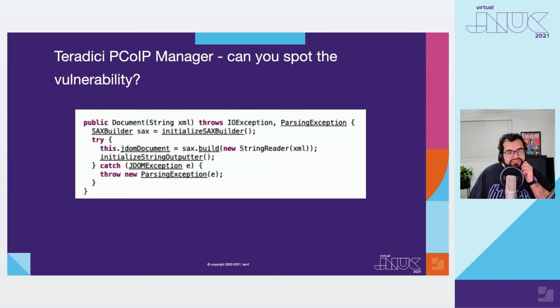One thing that was really interesting was that it was using a SAXBuilder to parse the XML. By default, the SAXBuilder is vulnerable to XML external entity injection, which lets you read local files and also perform arbitrary network requests.